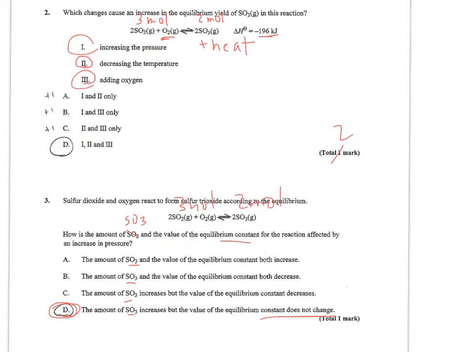This is the same equation we had up here. So we already knew that increasing pressure was going to show a greater increase in collisions on the reactant side, which means your product is going to increase, or in other words, your amount of SO3 will increase, just like we had deduced on the previous one. So again, D is my only possible.